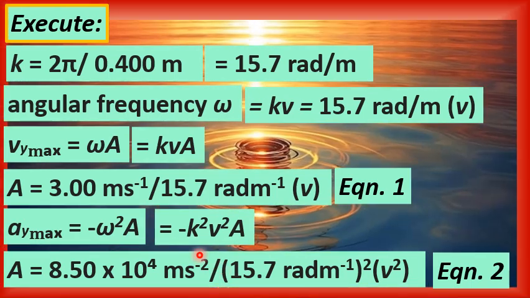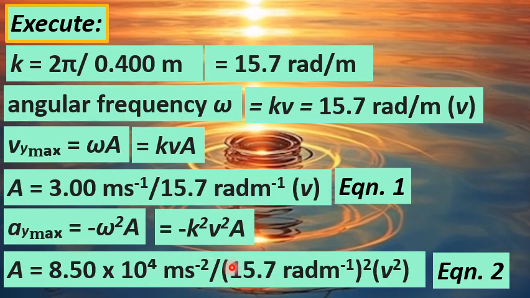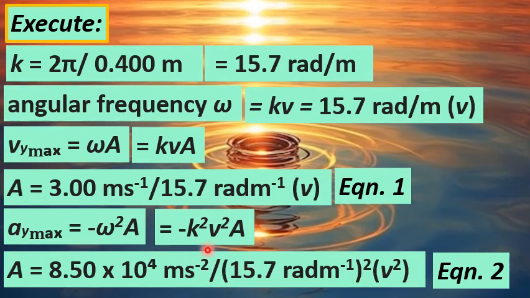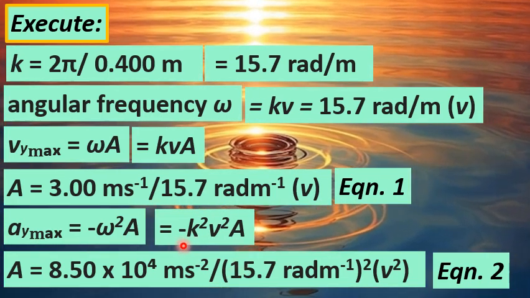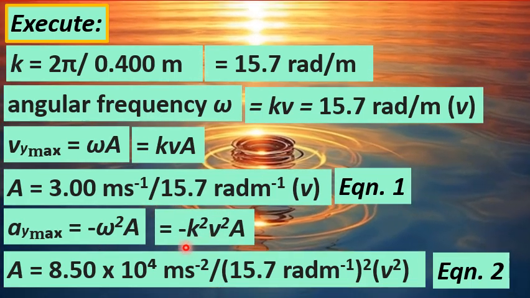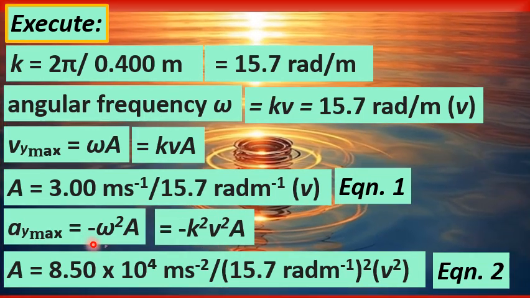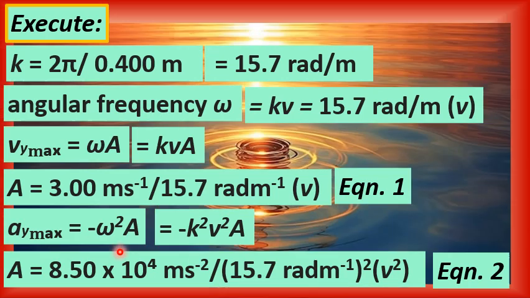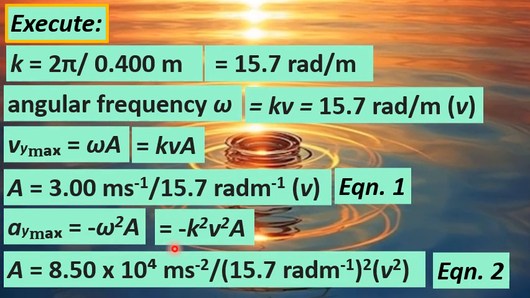When we substitute the square value of k in this formula, we disregarded the negative sign because its only purpose in this formula is to emphasize that the acceleration a sub y always has the opposite direction of the displacement.